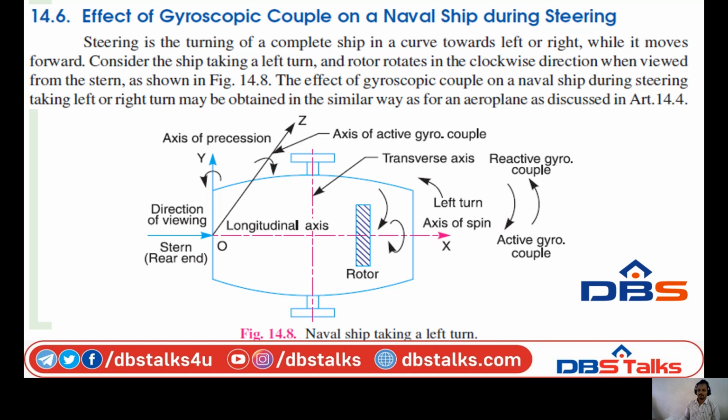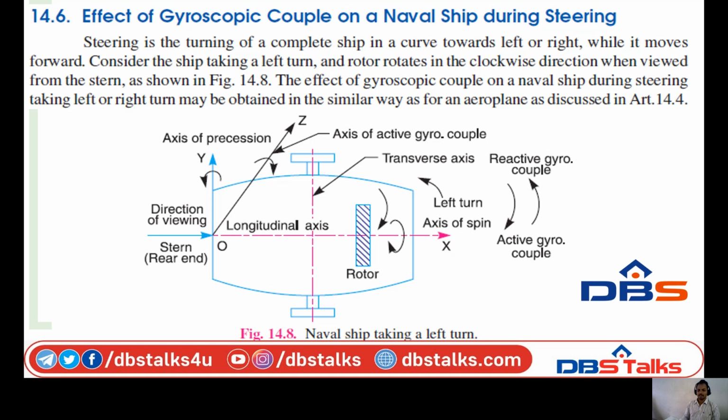As per the ship consideration of steering to the left, the active gyroscopic couple will change the angular momentum vector from OX to OX dash. The vector XX dash now represents the active gyroscopic couple, perpendicular to OX. Thus, the plane of active gyroscopic couple is perpendicular to XX dash and its direction is along the axis OZ for left hand turn, which is in the clockwise direction.